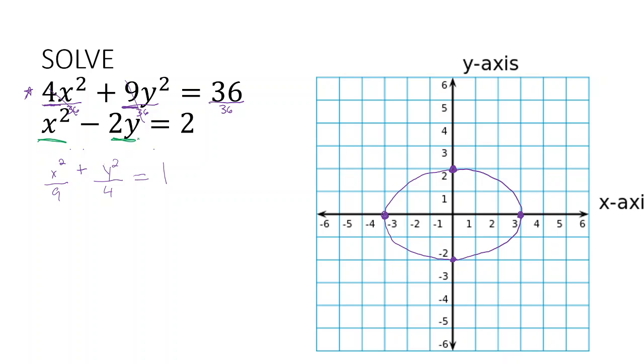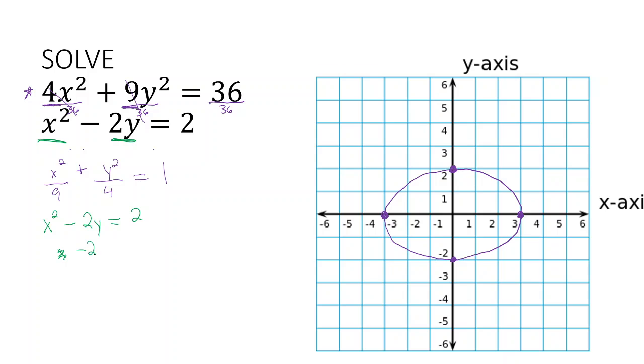So that's not an ellipse. It's not a hyperbola, which is where I was going to go, thinking, oh, this is a hyperbola. No, this is actually a parabola. Because it's a parabola, we have the equation x squared minus 2y equals 2. So I can solve it for y.